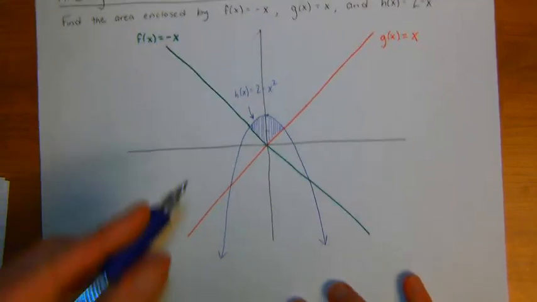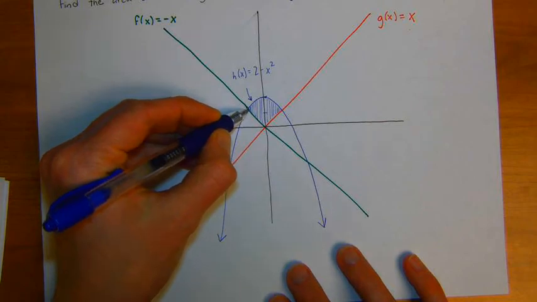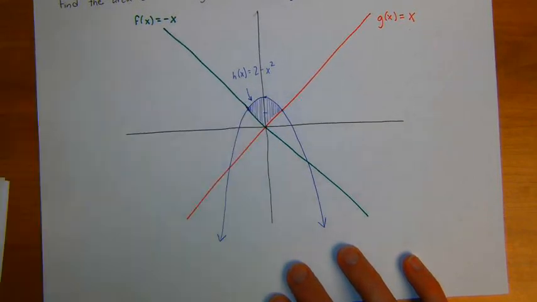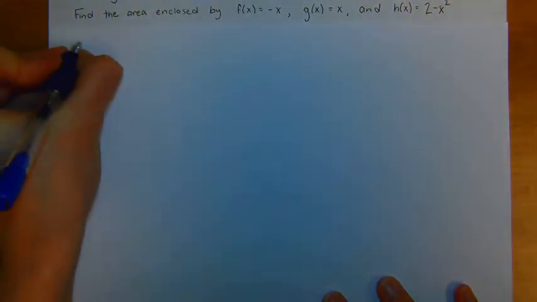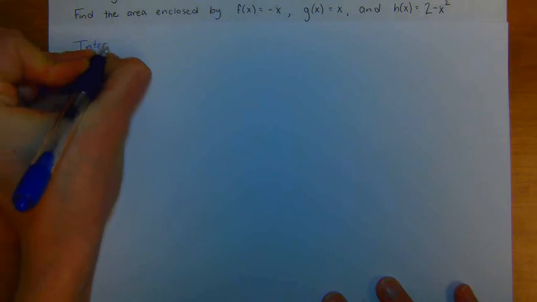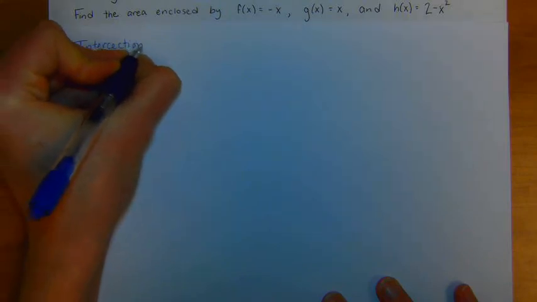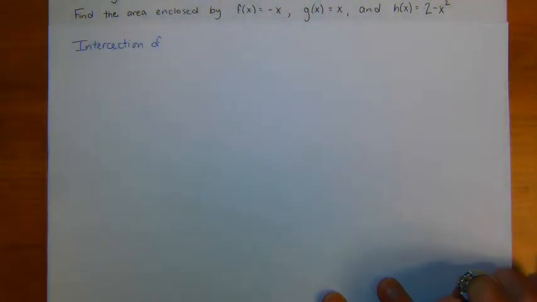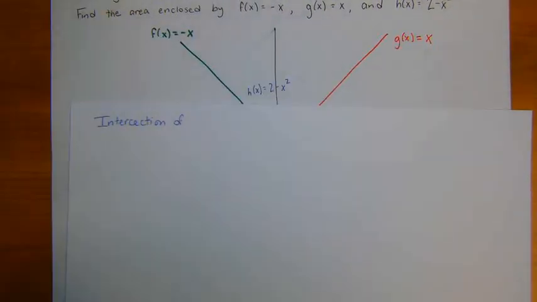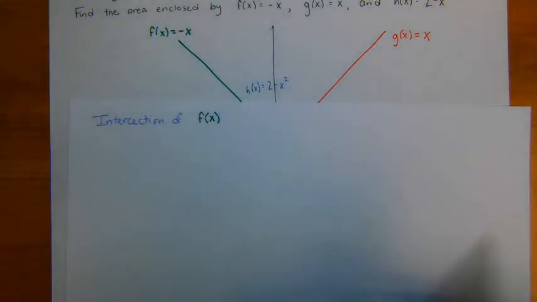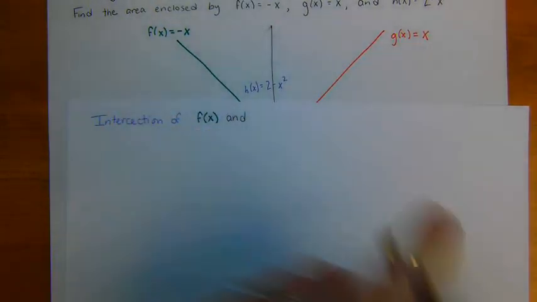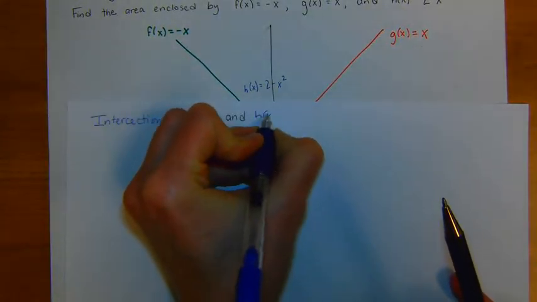To set it up, we need to know a couple of pieces of information, and those pieces of information are, where do these curves intersect? So again, just like step 1 previously, I'm going to look for intersection points. So I need to know, what is the intersection of f of x in green and our parabola curve h of x.